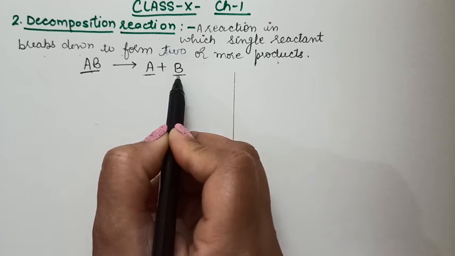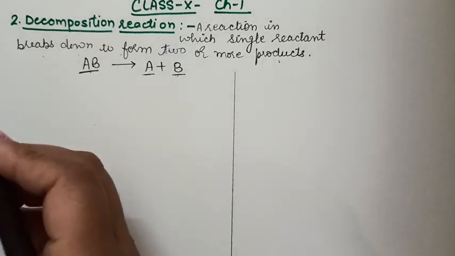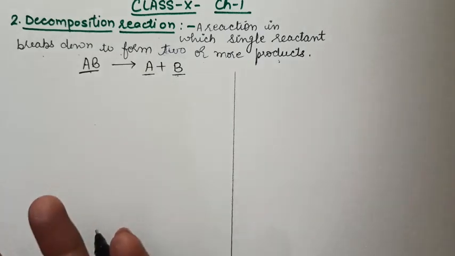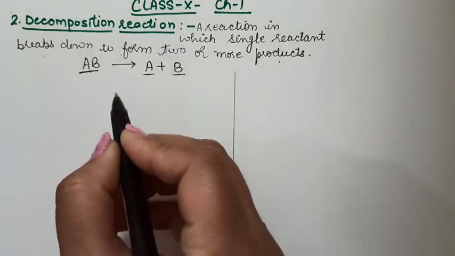Now, to decompose anything or to break anything, we have to supply energy. In decomposition reactions, we have to give energy in the form of heat, electricity, or light. So, in this reaction, we are giving energy.